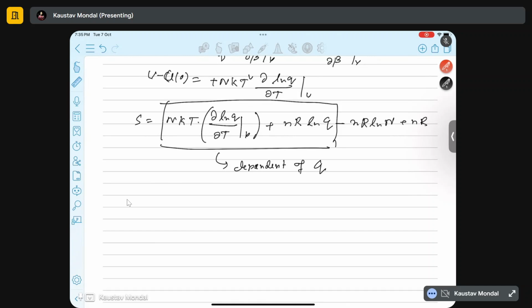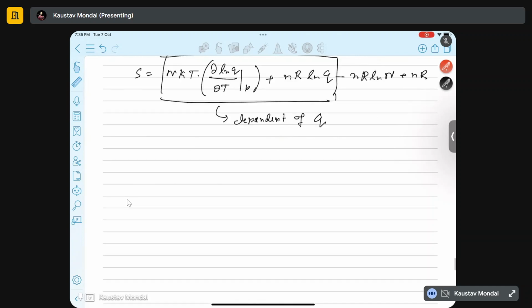So let's first consider, since N2 is a gas like this, a kind of linear gas, it has translational qT, rotational qR, and vibrational qV. For the time being, we are ignoring the electronic part. So first let's start with the translational part, right?